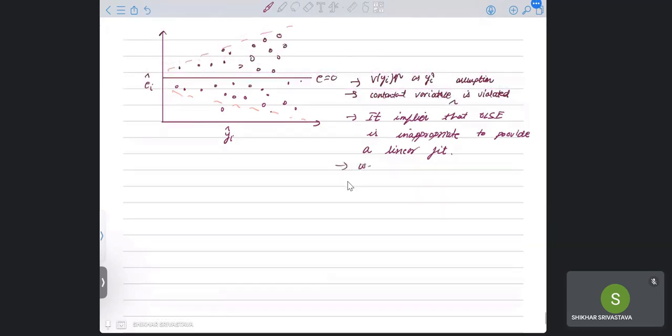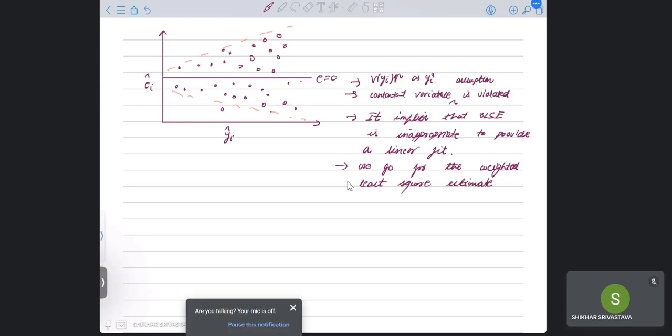Therefore, we go for the weighted least square estimate.